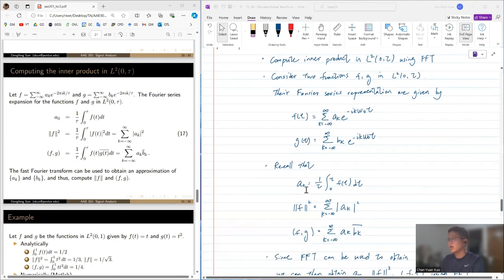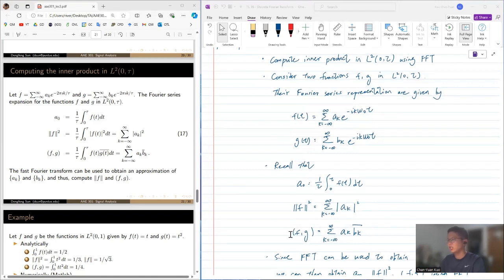Now recall that a_0 is given by 1 over tau times the integration of f(t) from 0 to tau with respect to t, and the total power of f is equal to the summation of the square of the absolute value of a_k, and k is from negative infinity to positive infinity. And this is by the Parseval equality.